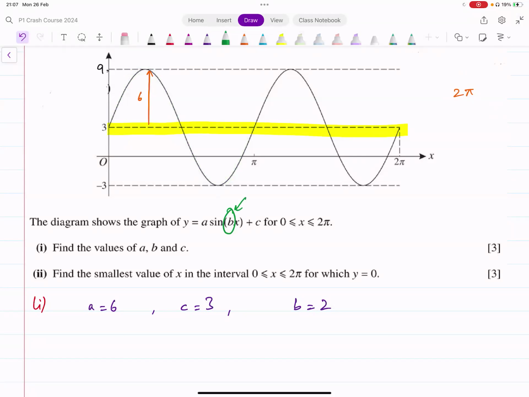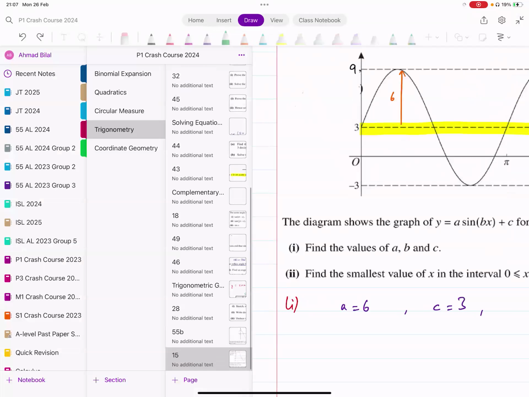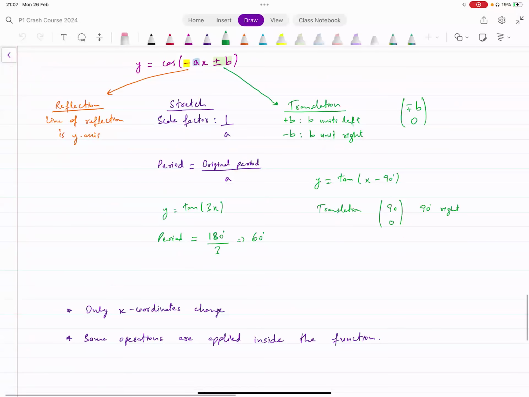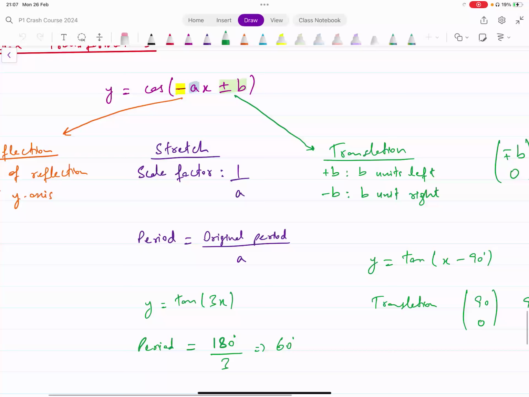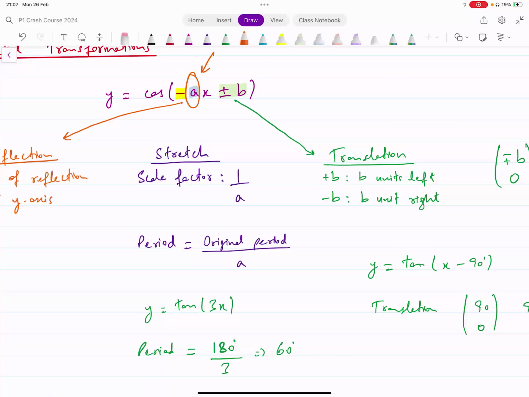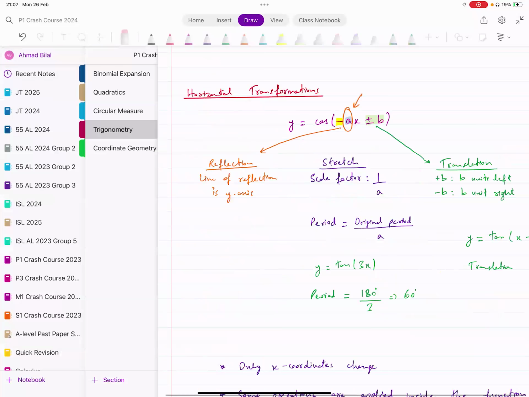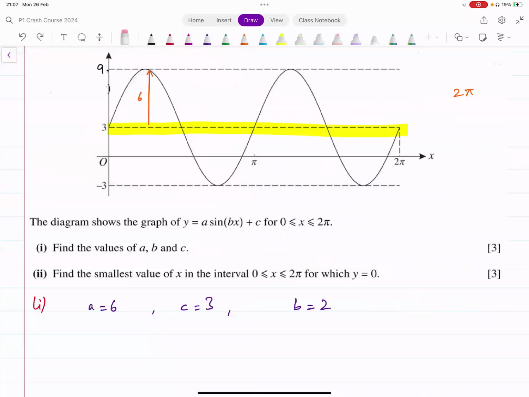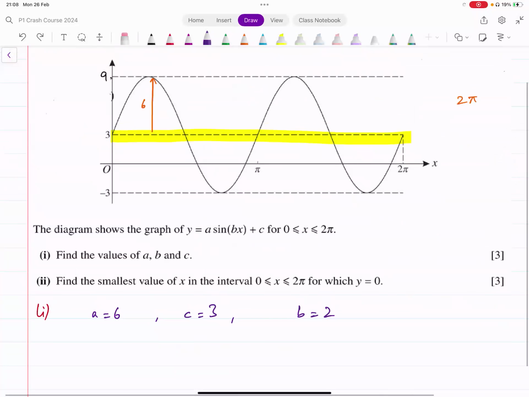Because remember, we discussed this here. Whatever is this number, period is basically divided by that. So whatever the original period is, that gets divided by this. So that could be another way of thinking about this. You could say original period is 2 pi divided by this number B. That should equal the new period.